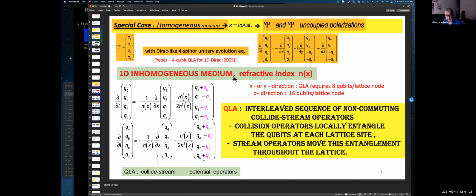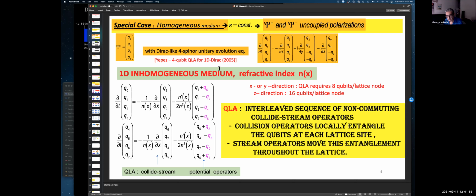So if you're in a homogeneous medium, psi plus, psi minus uncouple, and defining your psi plus as this 4-spinor, 4 qubits, this is then in your normalized units the differential equation you want to satisfy. And one notices that this is extremely similar to the Dirac equation for a massless particle.